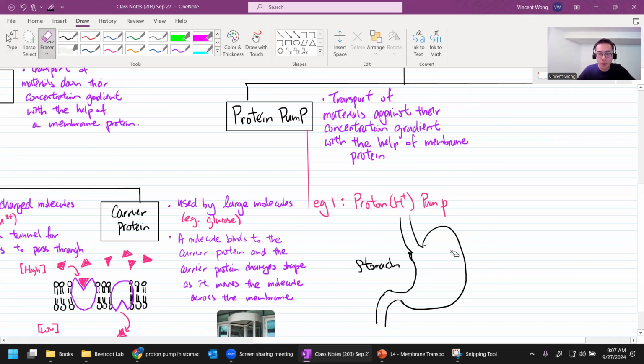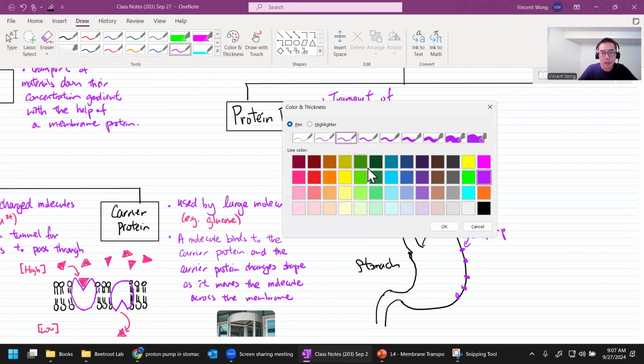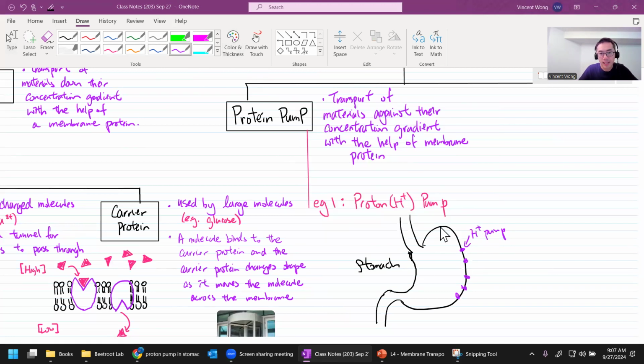Now, if you look at the walls of the stomach, which is made up of cells, right, basically, and on the membrane of those cells, you will have these proton pumps. And the job of the proton pump is basically to keep on adding H plus to the acid.